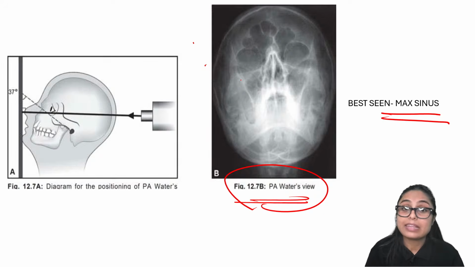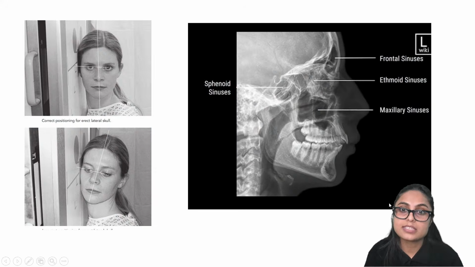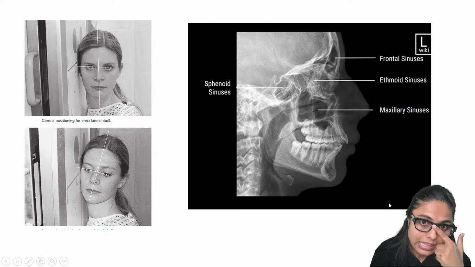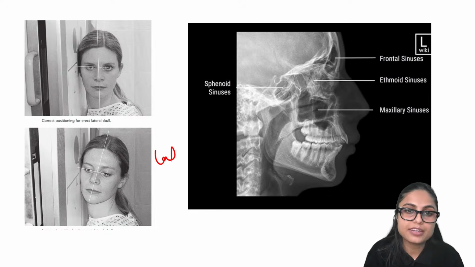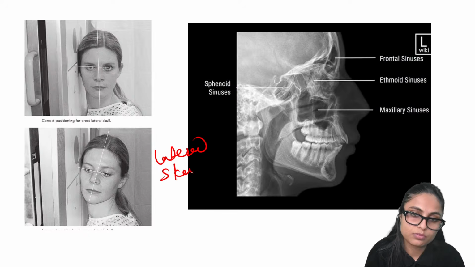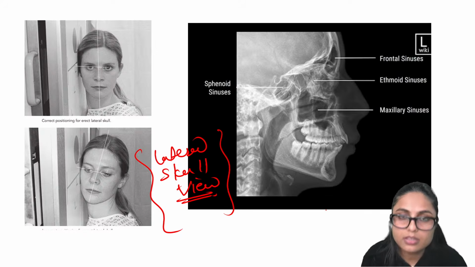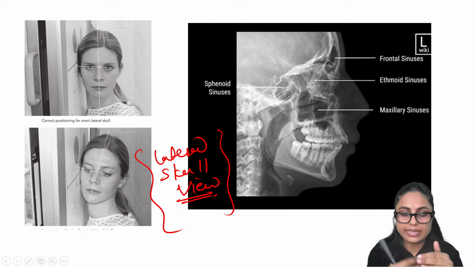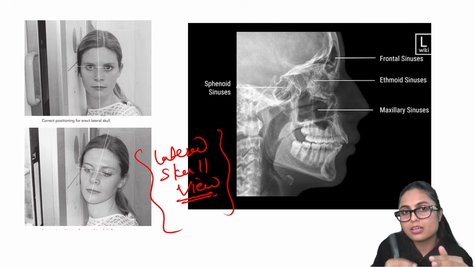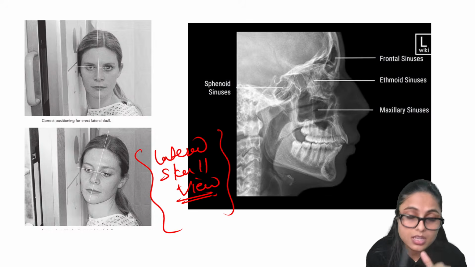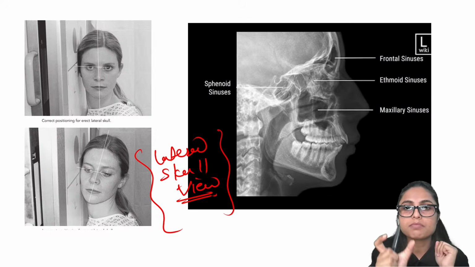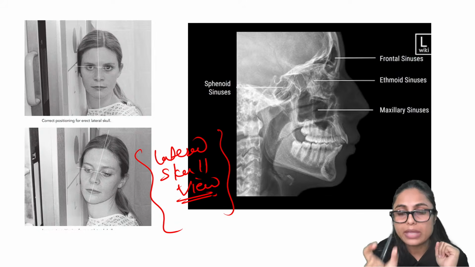Next is the lateral skull view. This is not included in the textbook under radiography of paranasal sinuses, but this is the one view in which you can see all these sinuses very clearly.